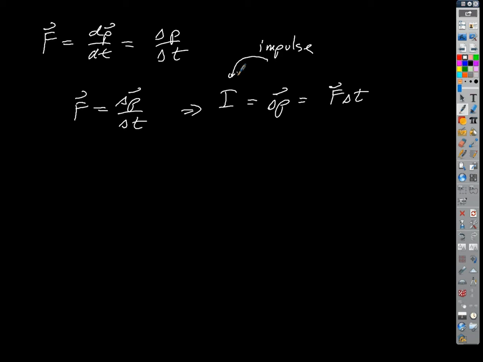Okay, so let's take an example here. We've done a problem like this before, but if you're driving along in a car, traveling in the positive direction, let's say, at 70 miles per hour, and you put on your brakes gradually and you decelerate over, let's say, a 10-second period of time.